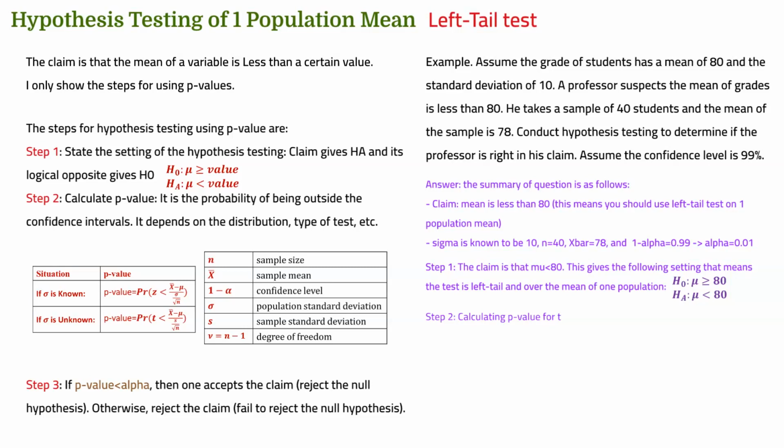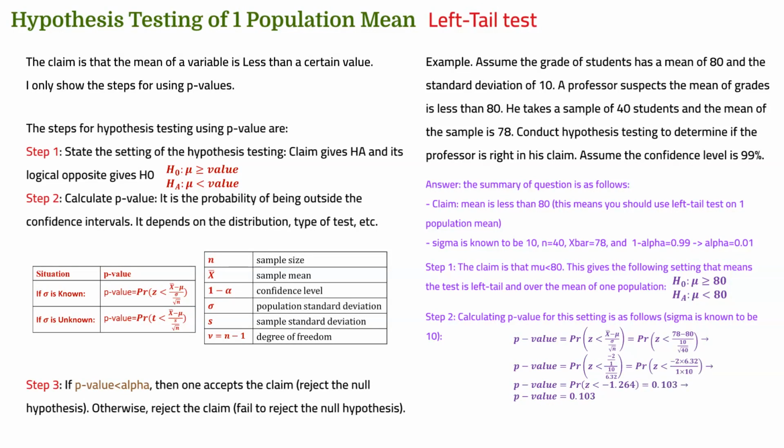Step 2, calculating the p-value for this setting is as follows. We know sigma is known to be 10, so we use z, and based on the formula for the left tail test, z less than x bar minus mu over sigma over square root of n. That is the probability we are calculating.